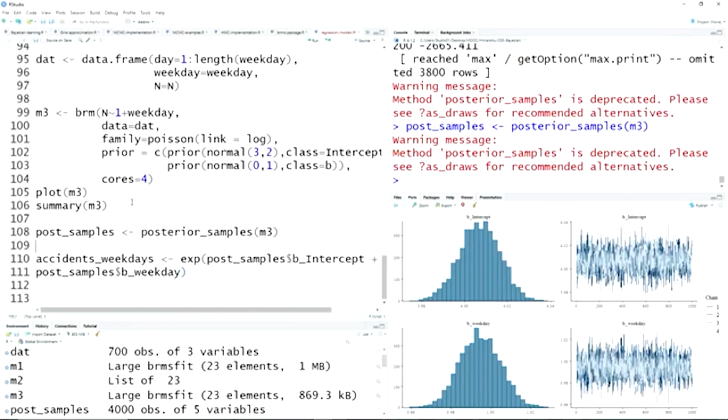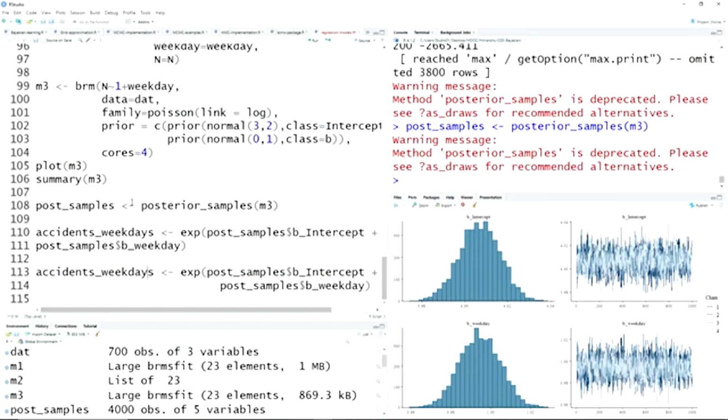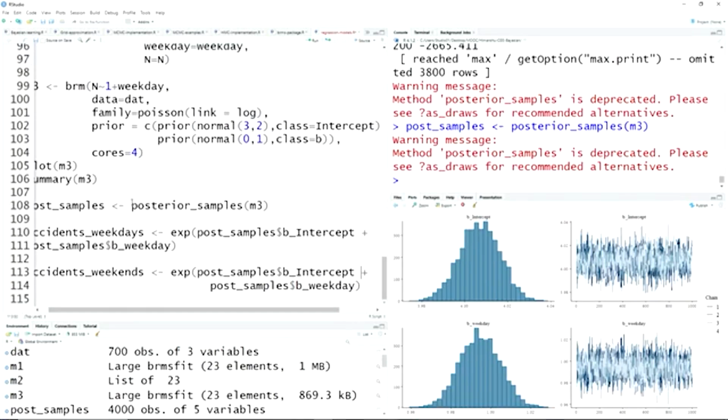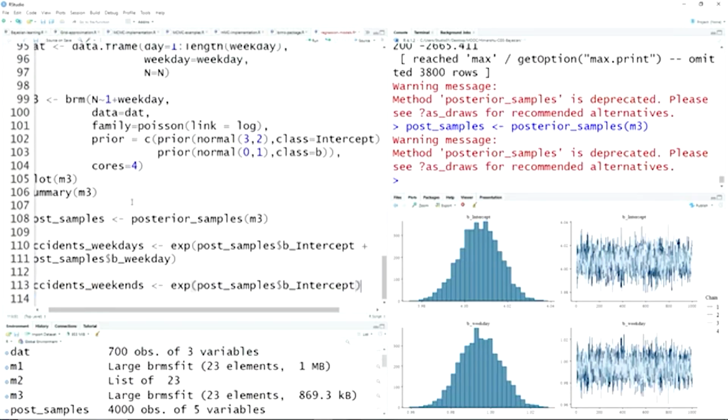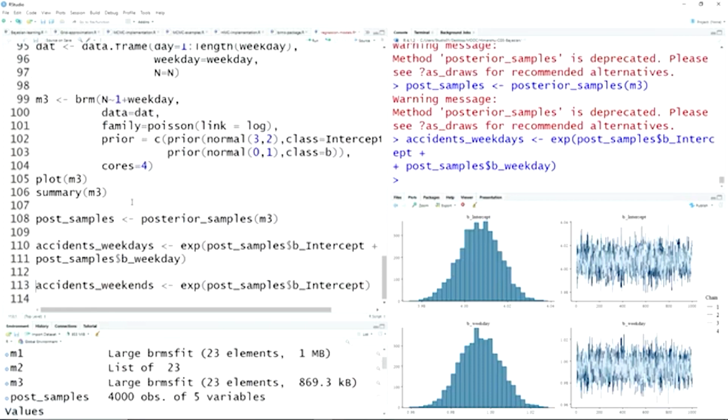This will give me the actual value of lambda during weekdays. And what will be the value of lambda during weekends? The actual rate of road accidents during weekends will be the exponent of alpha plus beta times 0, because during weekends the value of the predictor weekday is 0. So it is just the exponent of alpha.